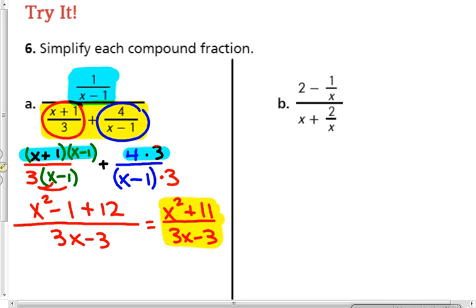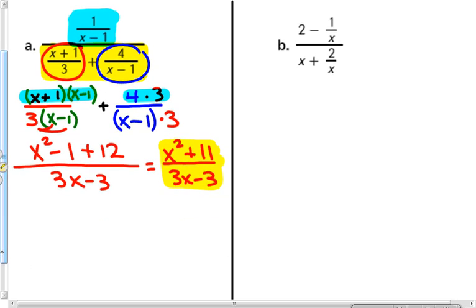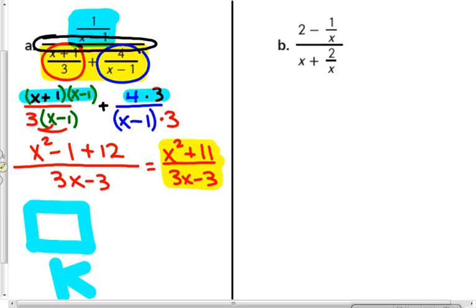And I don't think we should have distributed the 3 to the x minus 1, now that I'm looking at it. Because what we're going to do is keep, change, flip. Ready? We're going to keep the blue thing the same. We're going to change division. You see this bar right here? What does it mean? Division.